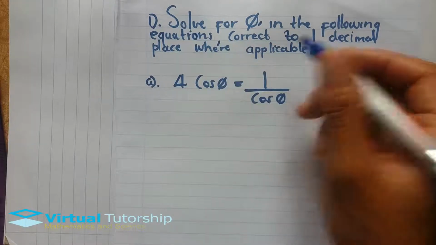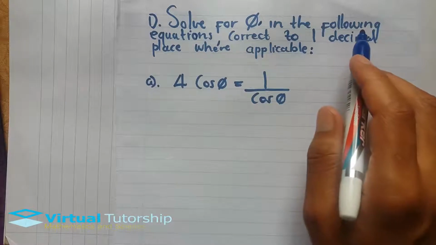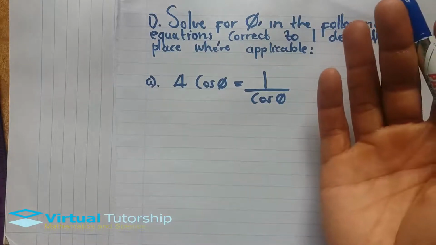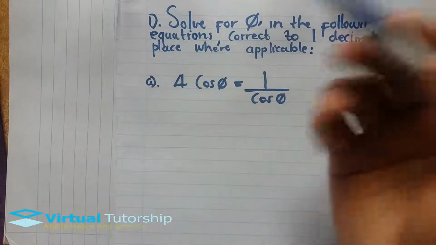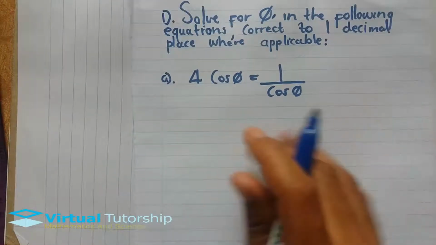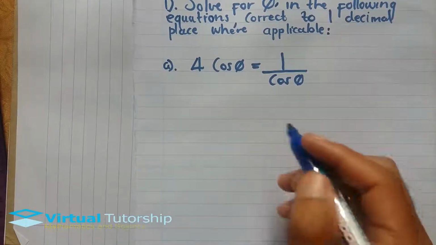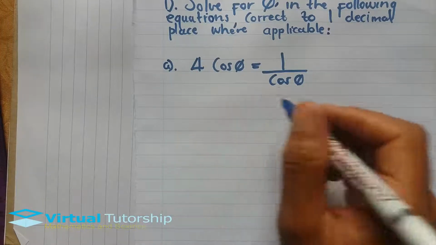Sometimes the question says find the general solution, but here it's another way you can phrase questions, like solve for theta. Let me solve this one to show how to solve trigonometric equations.